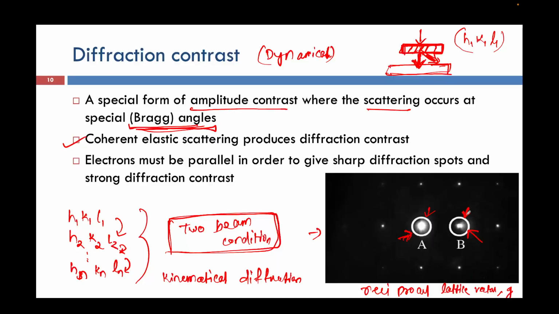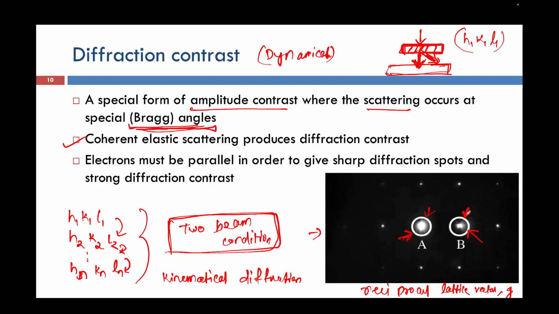why not four? Why are you only taking the one strongest beam and the next strongest beam, why not take 3, 4 and 5 different beams, let's say out of 15 diffracted spots?